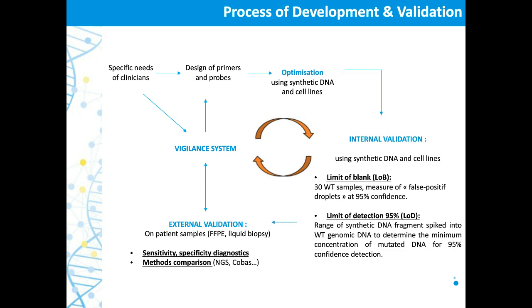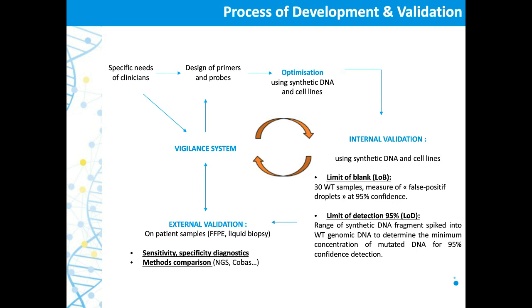The idea is to develop solutions that are really needed in the hospitals and that have key features for good diagnostics. After this need from clinicians, we design our primers and probes and optimize the assay using synthetic DNA and cell lines. When we are satisfied with the development, we perform internal validations.